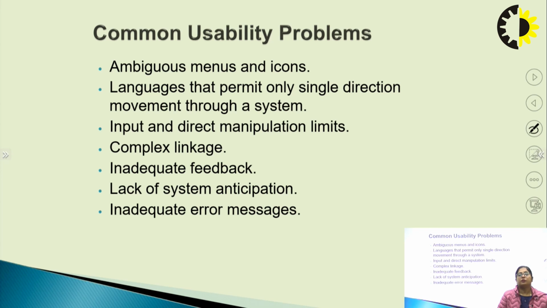Common usability problems are ambiguous menus and icons. The names, icons and labels say one thing and the task is something else, so that converts into ambiguity. Language that permits only a single direction of movement through a system.